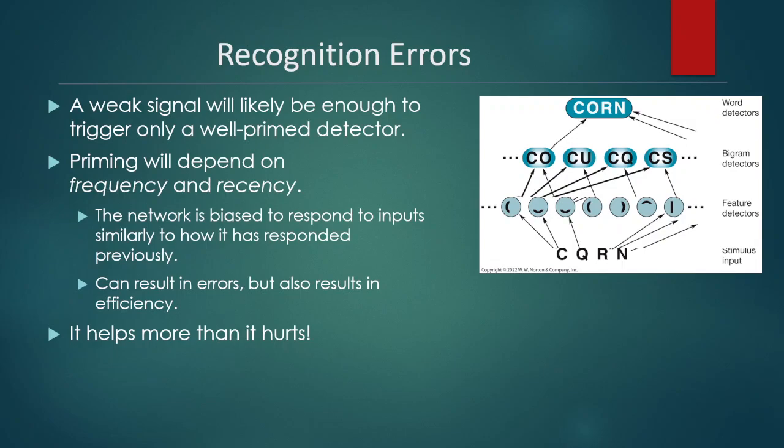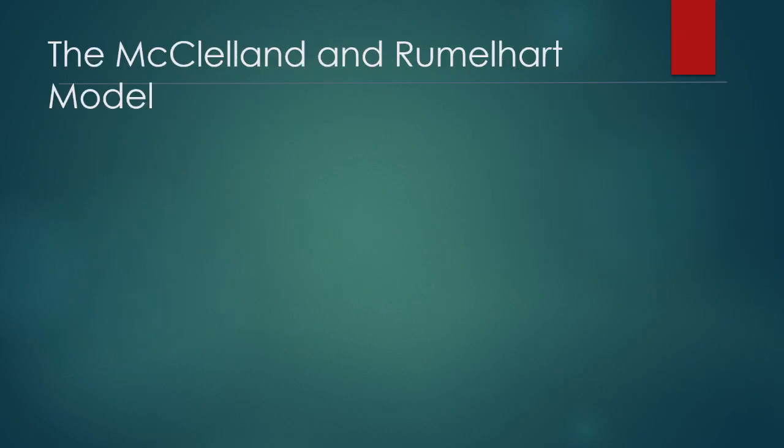Maybe something remotely bad might have happened. But if you don't duck, and it turns out it really was something being thrown towards your head, you can imagine that's a bigger risk, right? You had a chance to miss it, but your brain said, it doesn't look exactly like a ball coming towards my face, so I'm not going to duck, right? So more often it helps than it hurts to have these recognition errors.